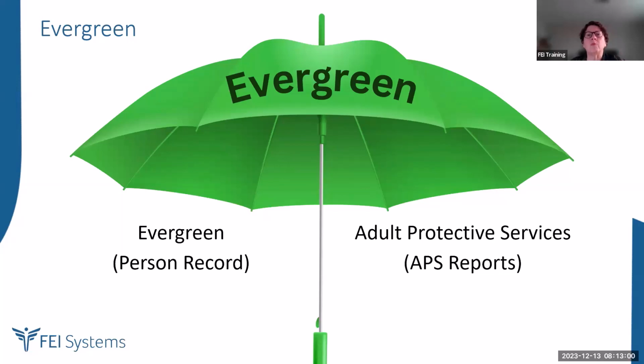Now, when you hear references to Evergreen, that's a reference to the person record and the case management actions that you do to support your folks, your person's clients, members. The APS report side is referred to as APS reports or adult protective services.